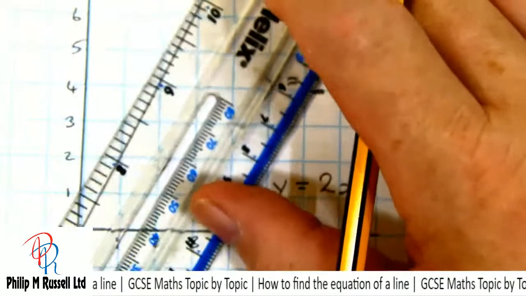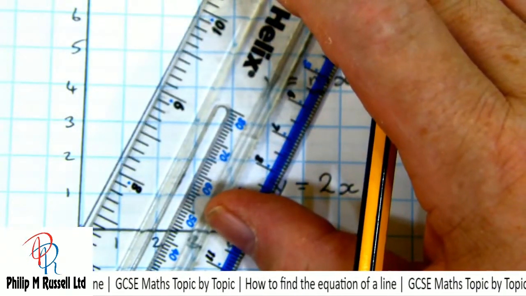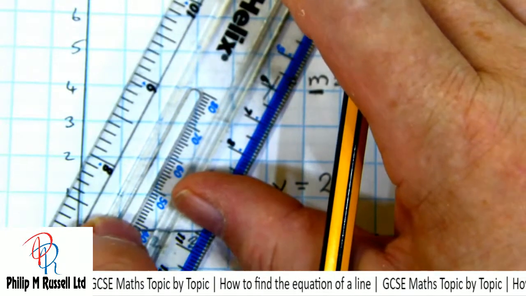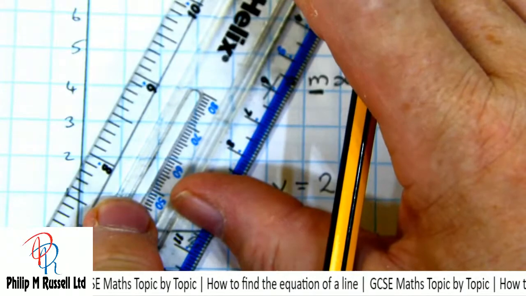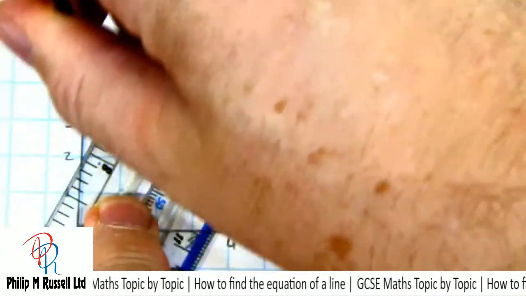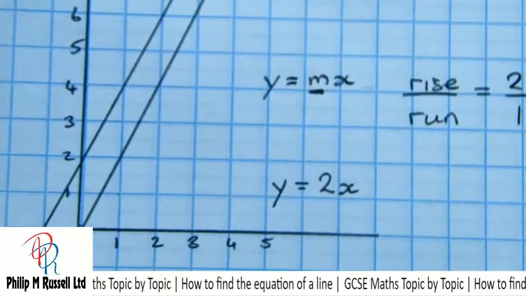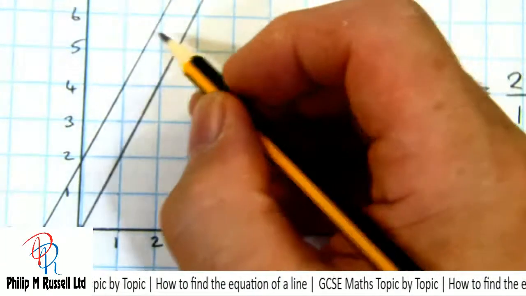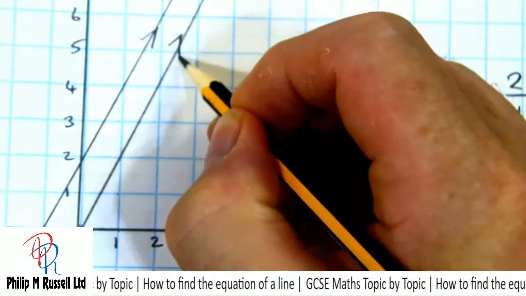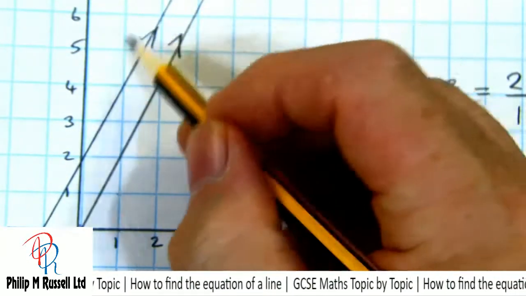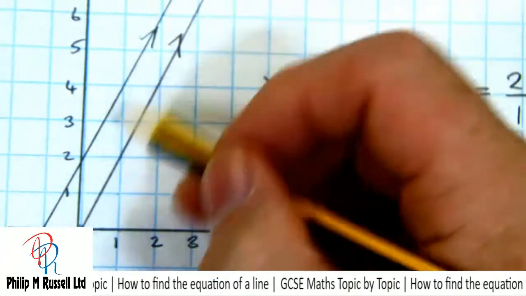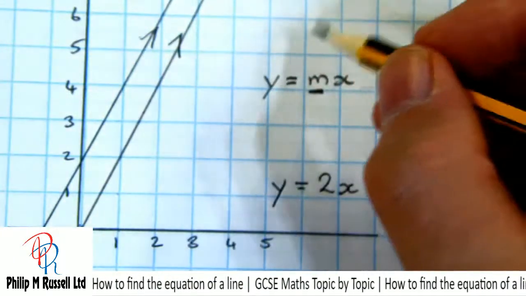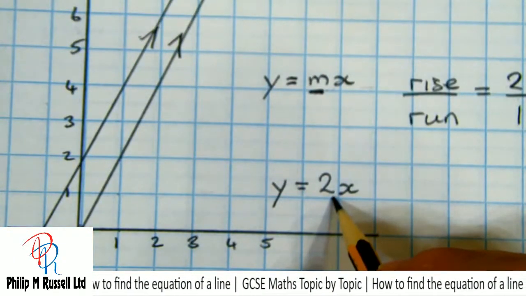So what I'm going to do is take this graph here and draw another line on here. Now I've drawn in a parallel line. So if they're parallel to one another, then we would know that they'll never touch, they're going to have the same steepness, and so these lines here are going to have the same gradient.